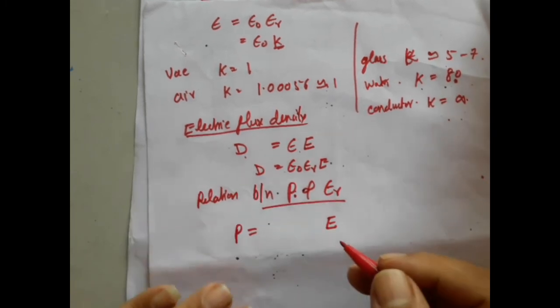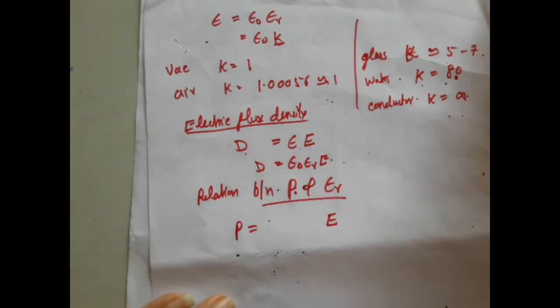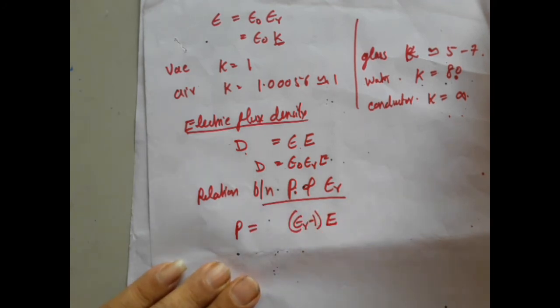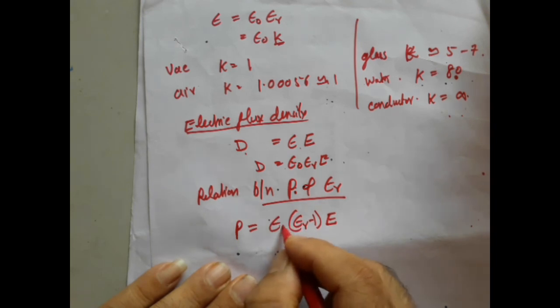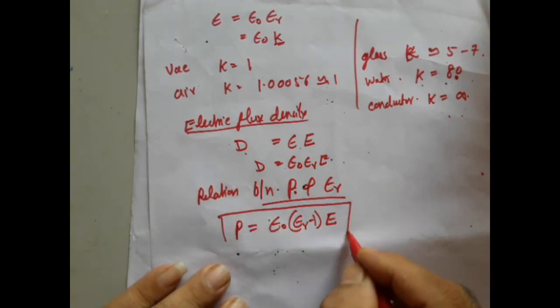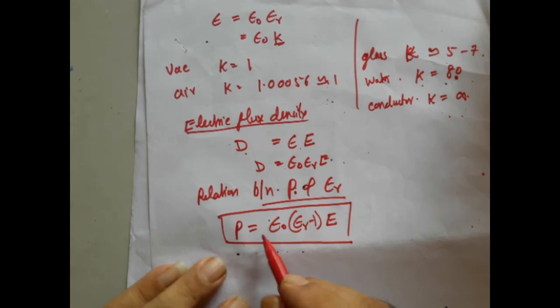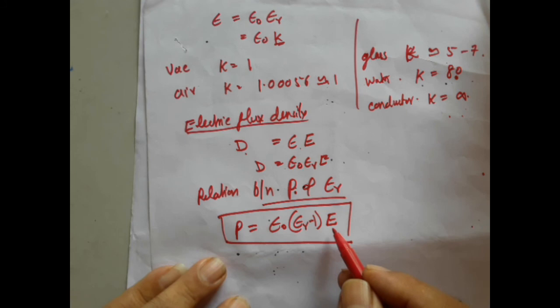The more the electric field, the more polarization takes place. It depends on epsilon r, so the relation involves epsilon r minus 1, and it also depends on the vacuum. Therefore, the polarization can be calculated as P is equal to epsilon naught into epsilon r minus 1 into E, where epsilon r is the dielectric constant.